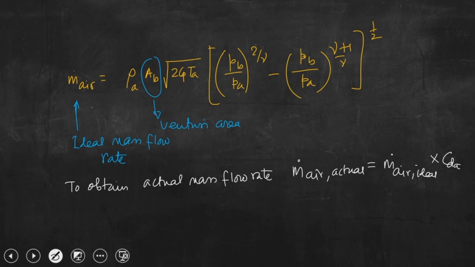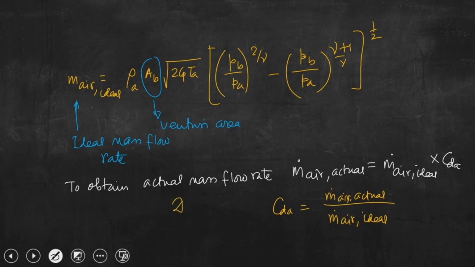So, you can understand that this CDA equals m dot air actual divided by m dot air ideal. So, this is known as the discharge coefficient.